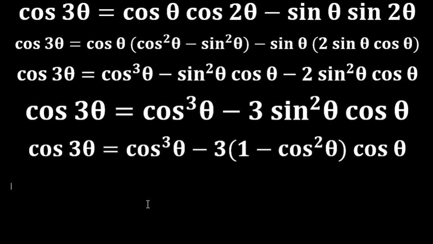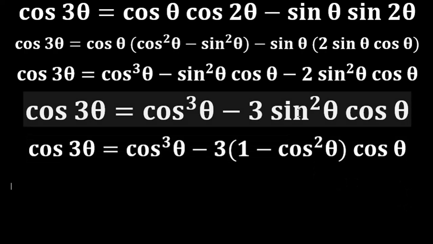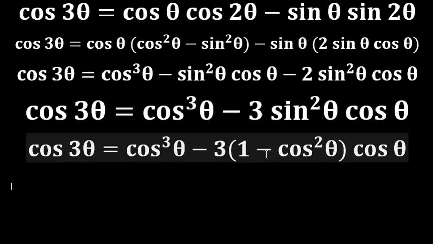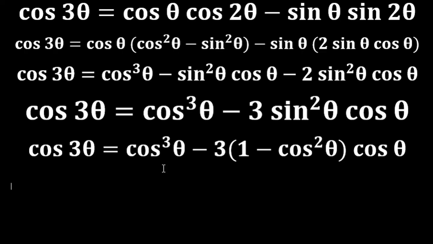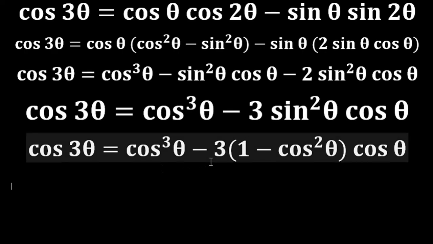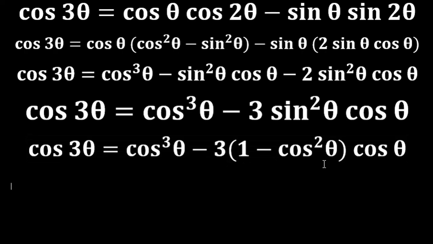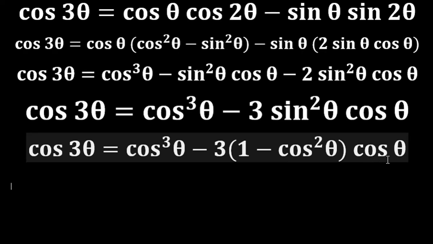Now we need to write everything in terms of cosine theta, so we need to convert the sine squared theta to 1 minus cosine squared theta. Therefore, this is equal to cosine cubed theta minus 3 times 1 minus cosine squared theta times cosine theta.